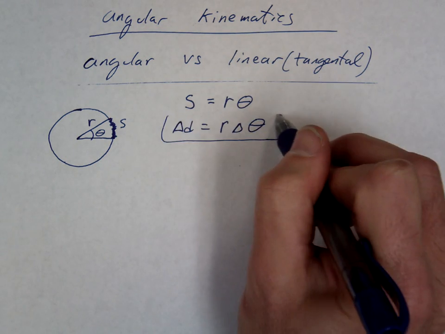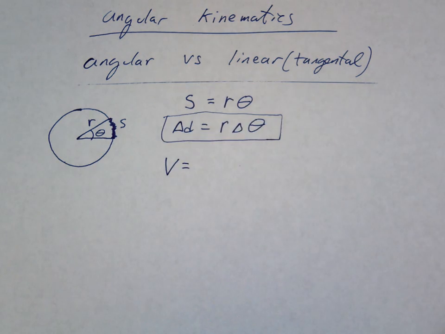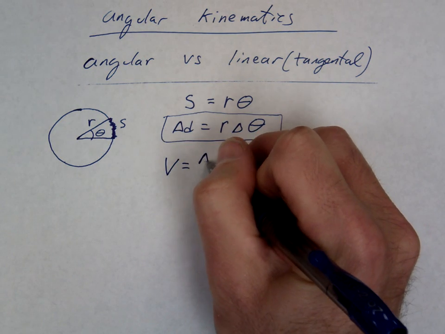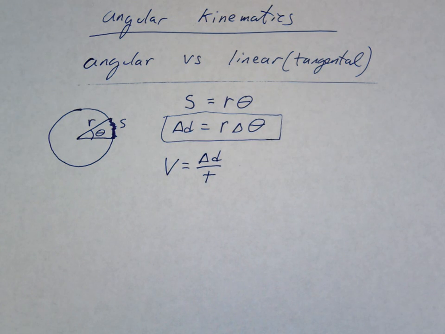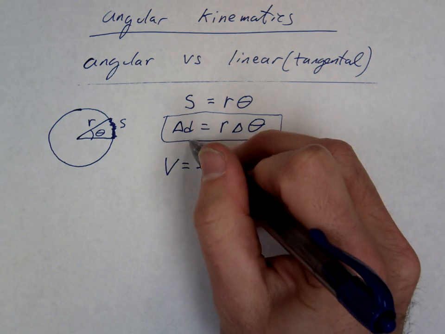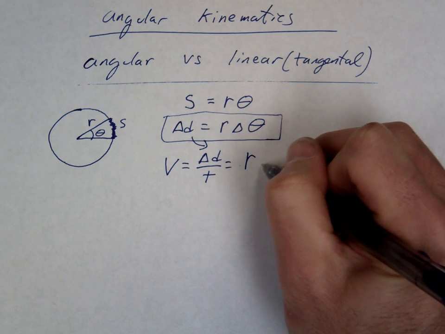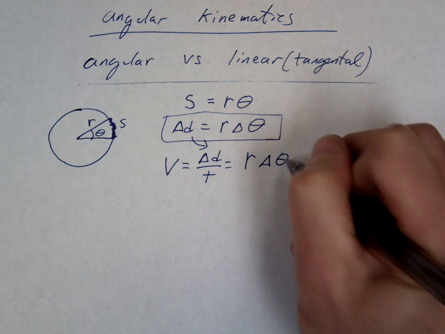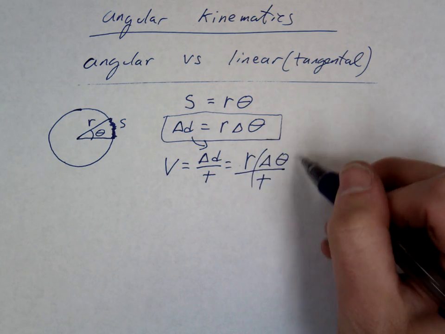We could also write this as, well, let's see what the velocity is going to be. Our basic equation for velocity is delta d over t. Right? Well, what if I make this substitution here and I get r delta theta over t? But what if I just group this differently?